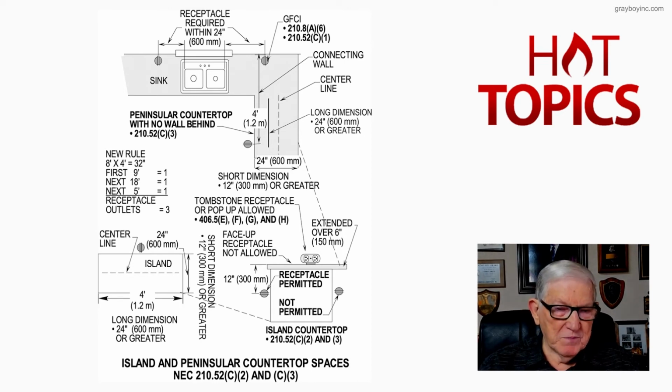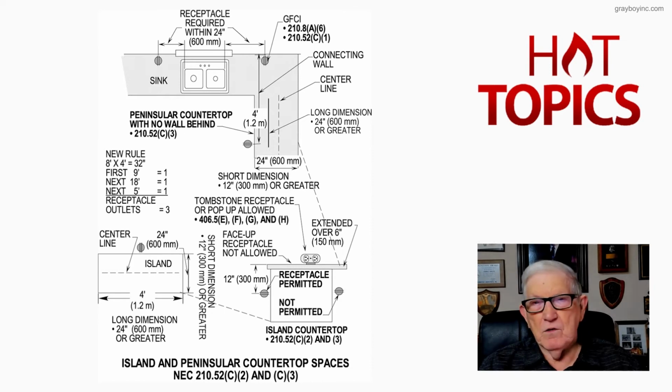And then the exception says receptacle outlets shall not be required directly below a range, countertop, cooking, any type of cooking equipment like that. And of course, we have a figure, 210.52C1 in the code that would illustrate that.